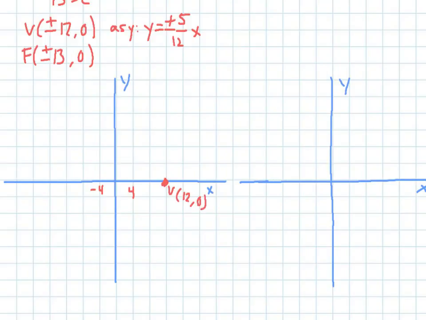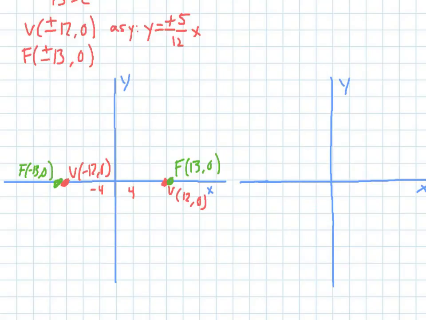Same thing here, negative 12, comma 0. And then my foci, and I'm going to use a different color because they're so close. Okay, so this focus is 13, comma 0. And then this focus is negative 13, comma 0.